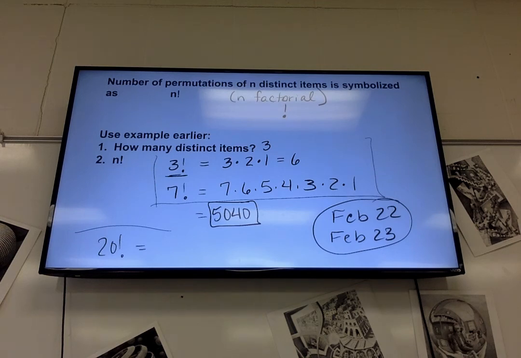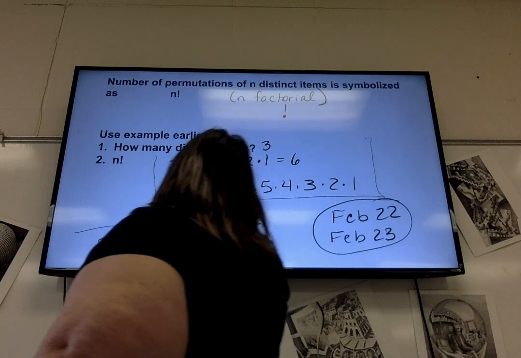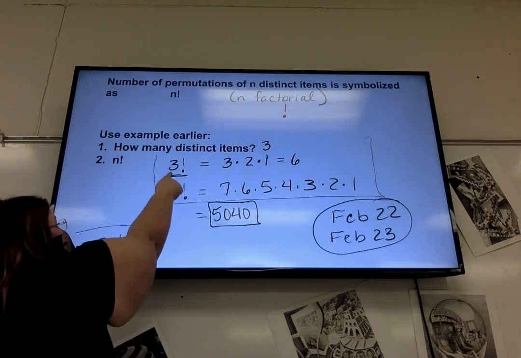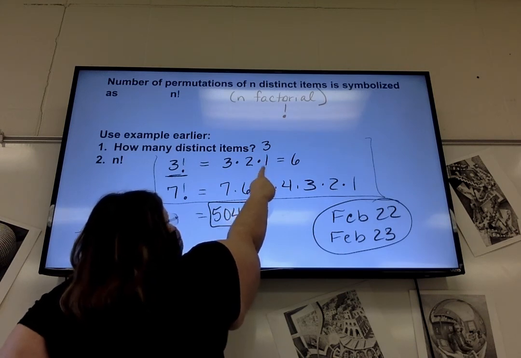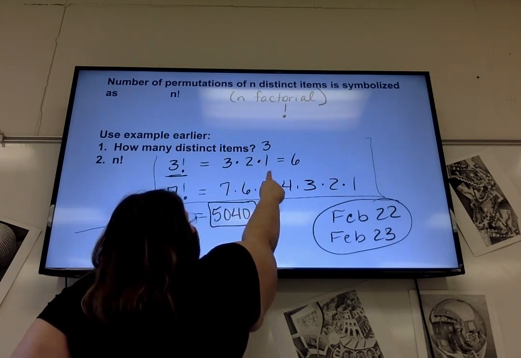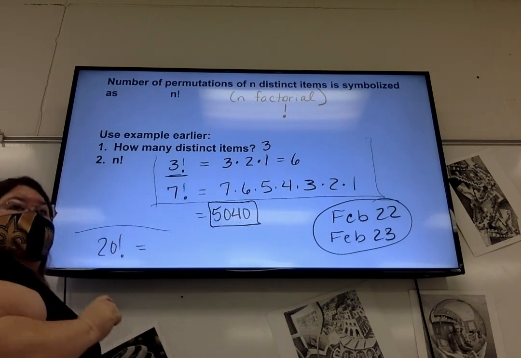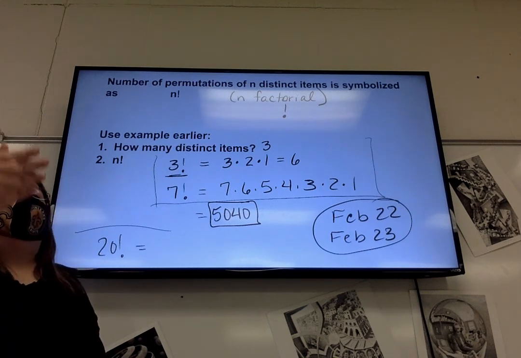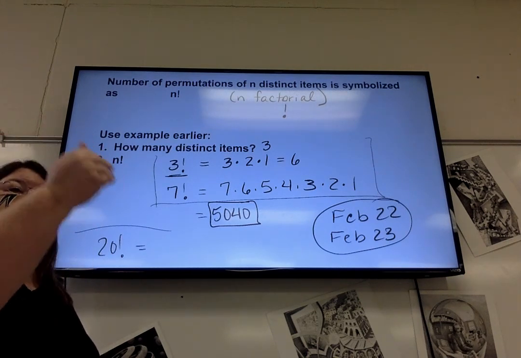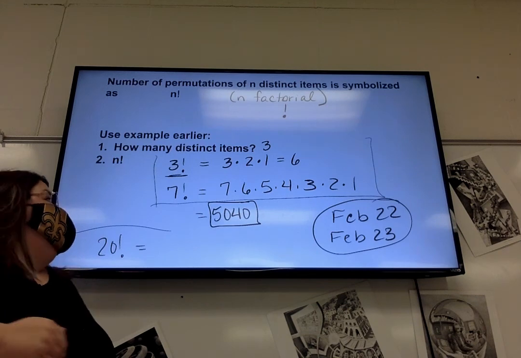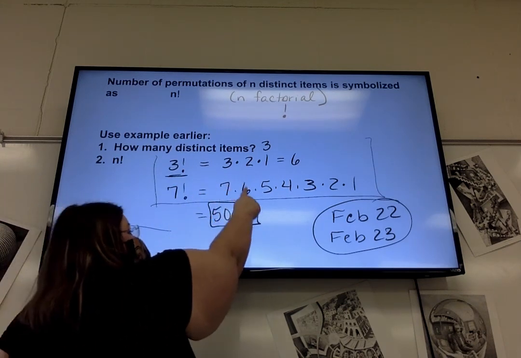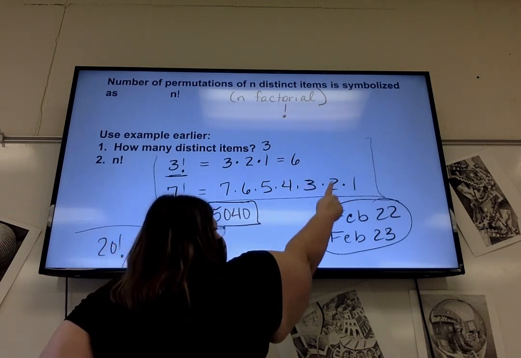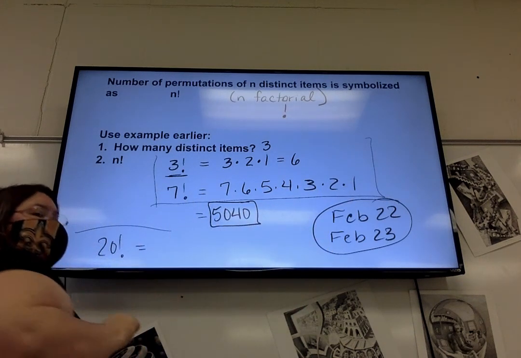So if you had, for example, 3 factorial, that means you start with this number and you go down by 1 until you get to 1, and you multiply all those numbers together. So 3 factorial is 3 times 2 times 1. 7 factorial is 7 times 6 times 5 times 4 times 3 times 2 times 1, which is that number.